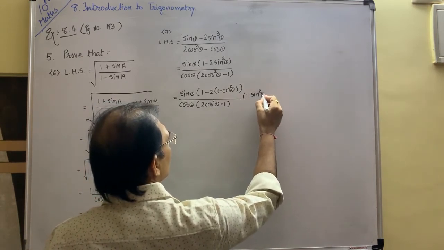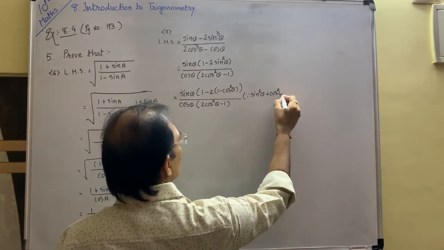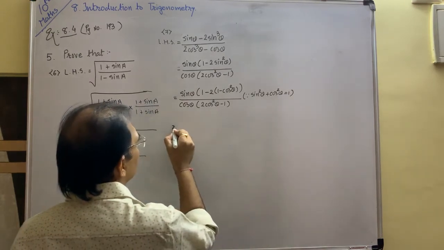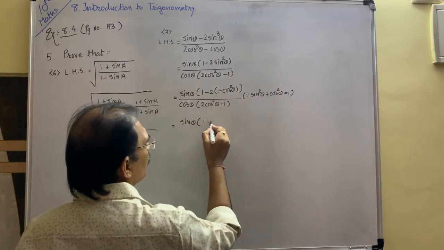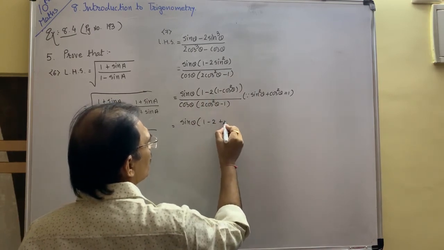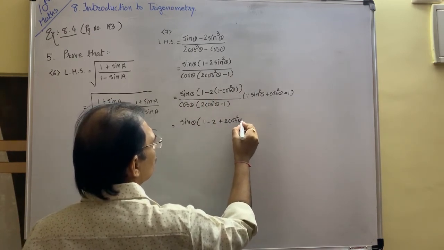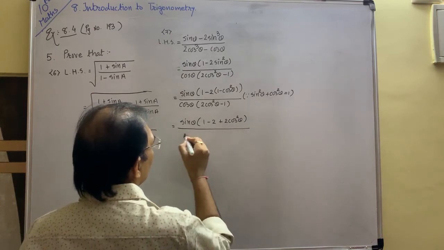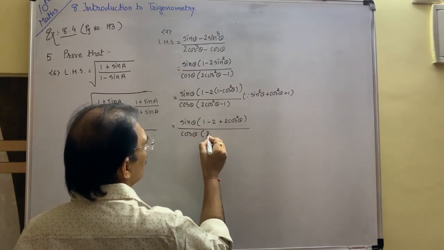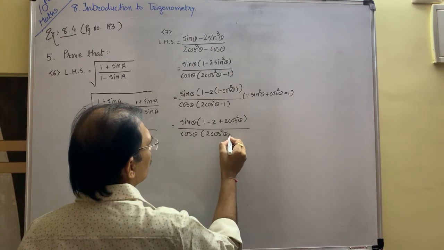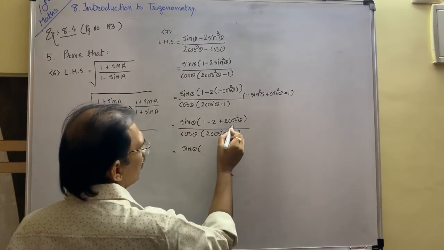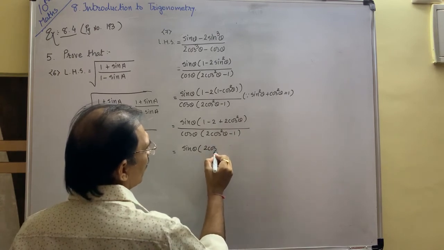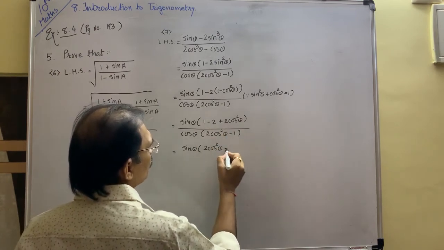Sin square theta plus cos square theta equal to 1. Sin theta, 1, open the bracket, 2 1s are 2, minus minus plus 2 cos square theta upon cos theta into 2 cos square theta minus 1. Sin theta, 2 cos square positive, so I write it first. 1 minus 2 is minus 1.